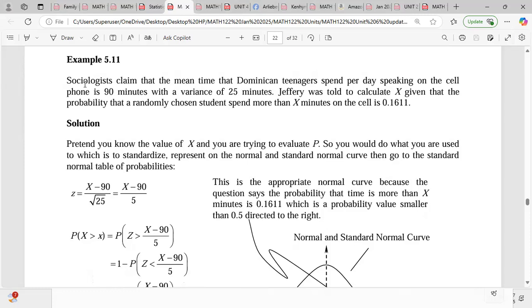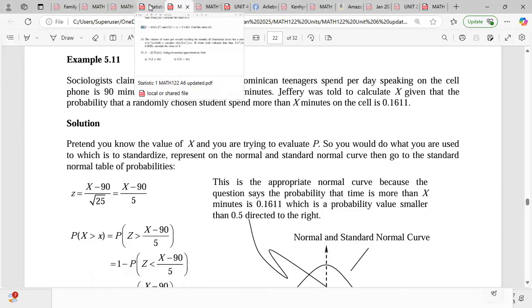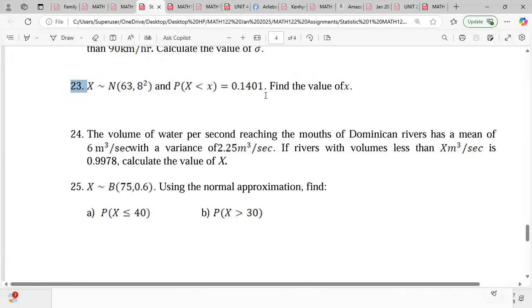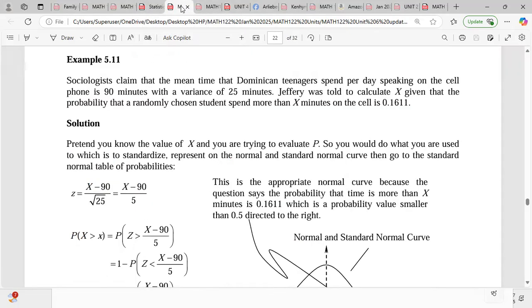Here it says, sociologists claim that the mean time that Dominican teenagers spend per day speaking on the cell phone is 90 minutes. The mean is provided with a variance of 25, that's 5 squared. Now, Jeffrey was told to calculate x. Just like in this question, you are required to find x, given that the probability that a randomly chosen student spends more than x minutes on a cell phone is 0.1611.